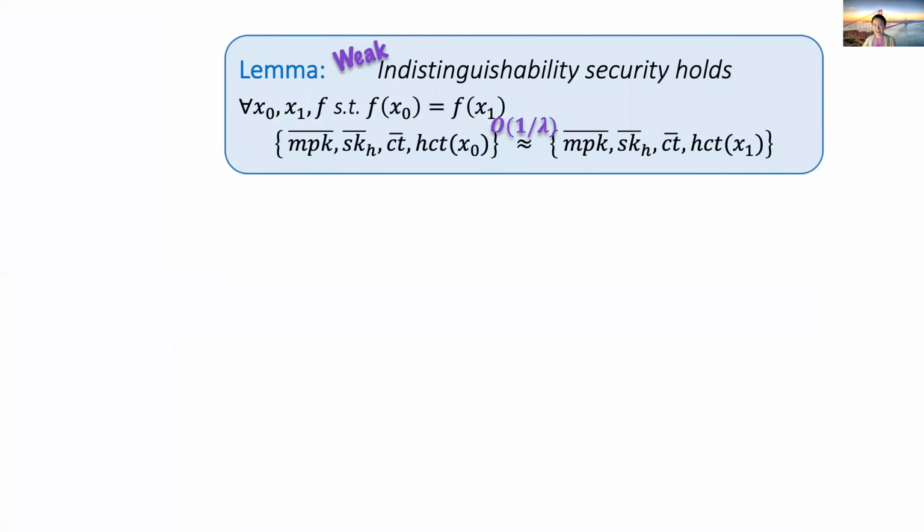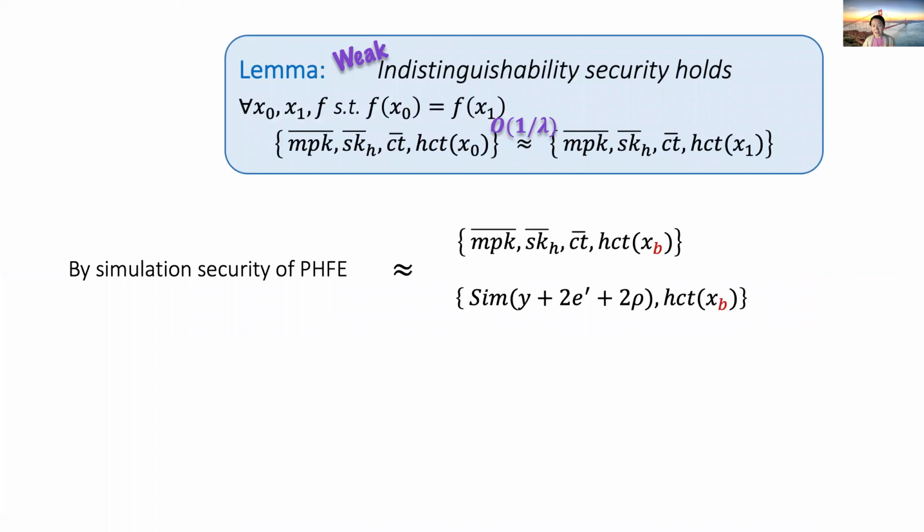So let's quickly see how security falls through. Starting with the master public key, secret key, and the ciphertext for one input X_B, let's first observe that by the simulation security of the partially hiding FE, these partially hiding FE components reveal only the output of H, in the sense that they can be simulated using only the output of H, together with the public part of the input, that is the HE ciphertext.